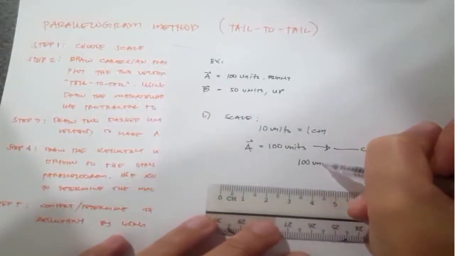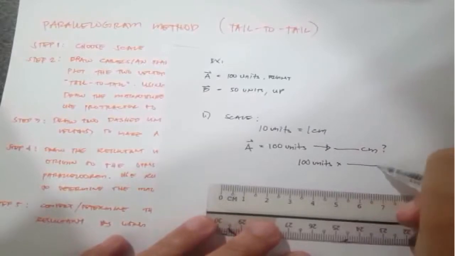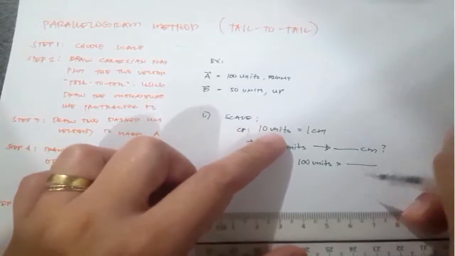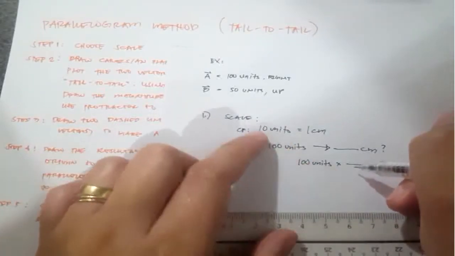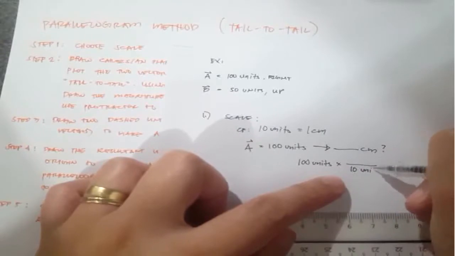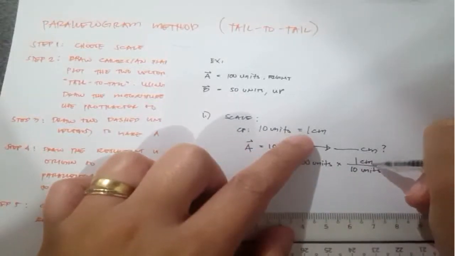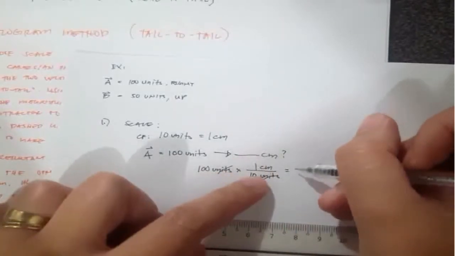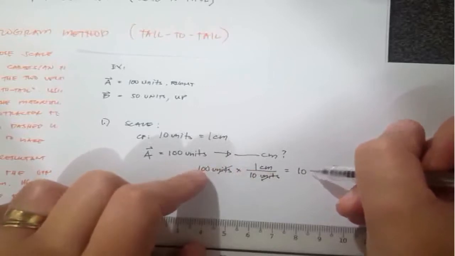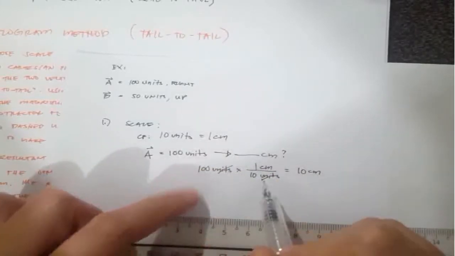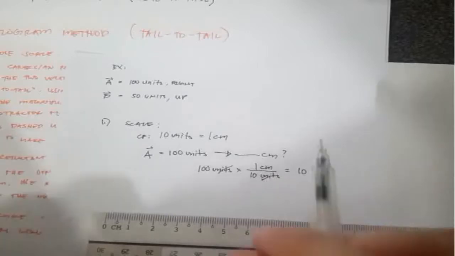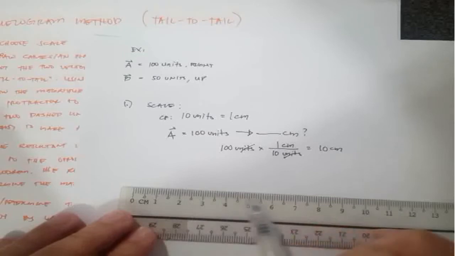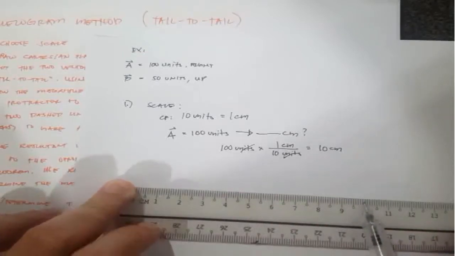So 100 units times our conversion factor, 1 cm per 10 units, the units cancel out, and we only need 10 cm. 100 divided by 10 is 10.